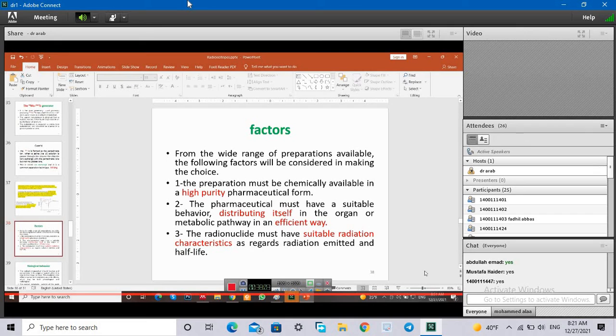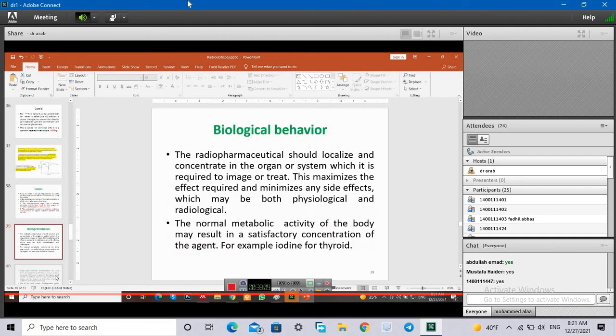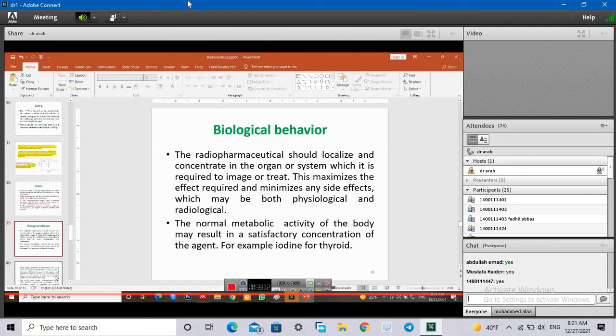In the following, we want to know the main properties that artificial radionuclides should have to be used as appropriate radiodrugs. At first, I start with the biological behavior that they should have.